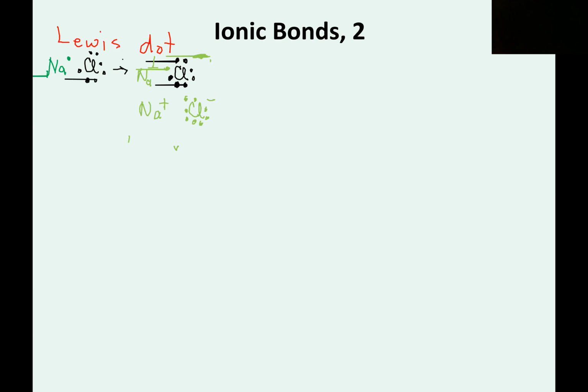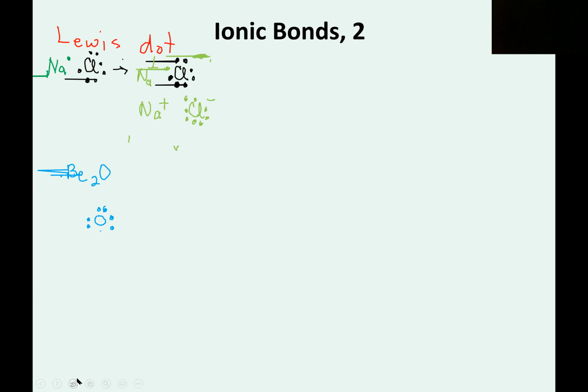All right, another example would be beryllium oxide. So oxygen is going to have 6 of its own electrons.